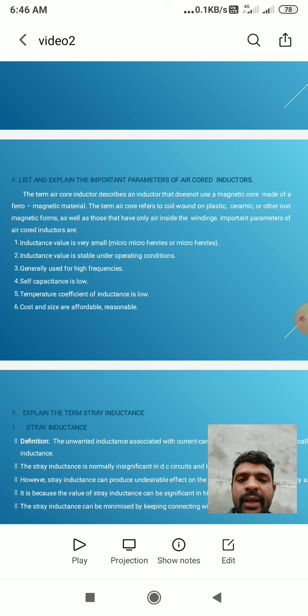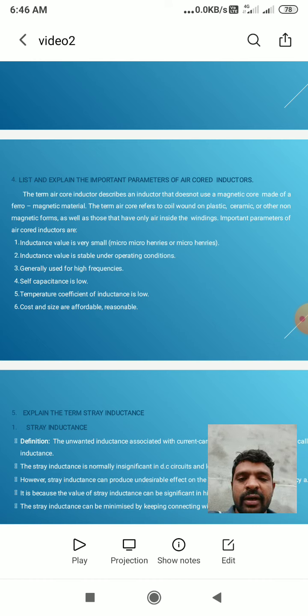The important parameters of air core inductors are: inductance value is very small, that is microhenries. Inductance value is stable under operating conditions. Under any operating condition, the inductance value is stable.